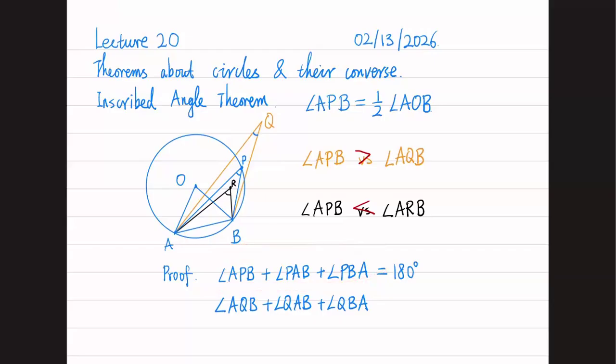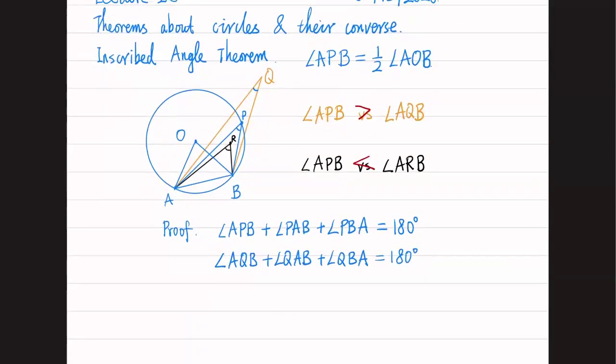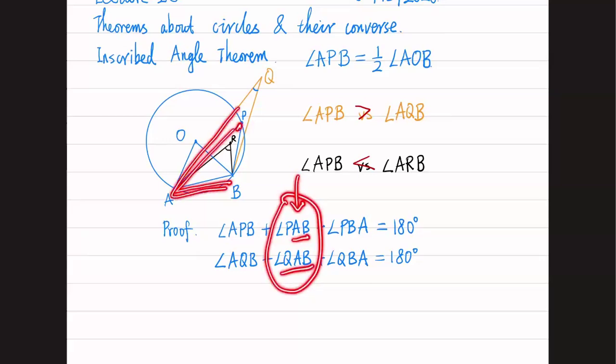Amy, what about the second one? It's also 180. Okay, and these two angles are what we wanted to compare. Aaron, let's check these two angles. Which one is bigger, which one is smaller? PAB, QAB.